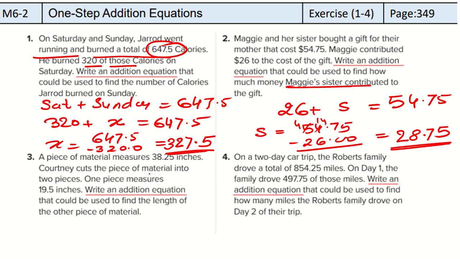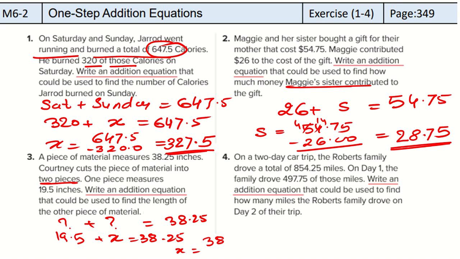Courtney cuts the piece of material into 2 pieces. Okay. So see, 1 and 2 is 38.25. One piece measures 19.5. So another, let's take it as x. So it is 38.25. Again, subtract it. So x is equal to 38.25 minus 19.50.